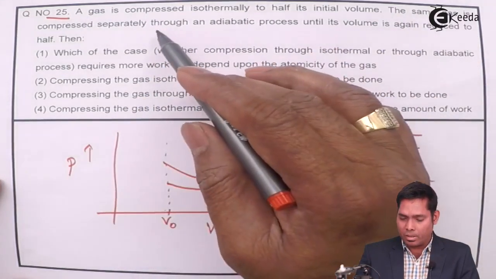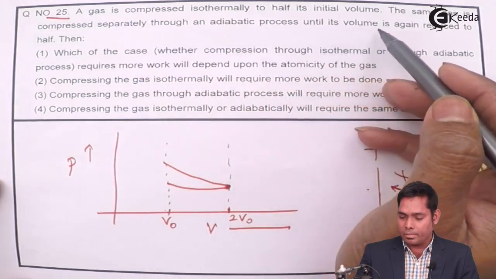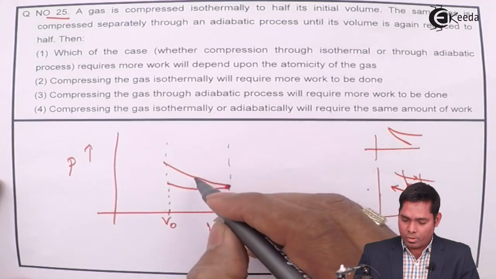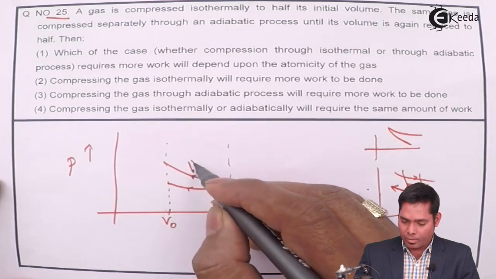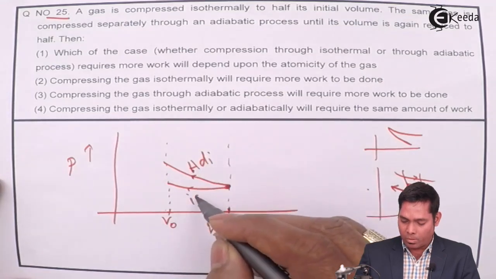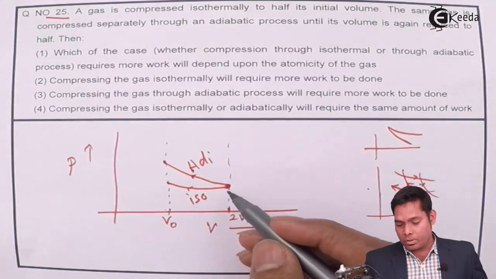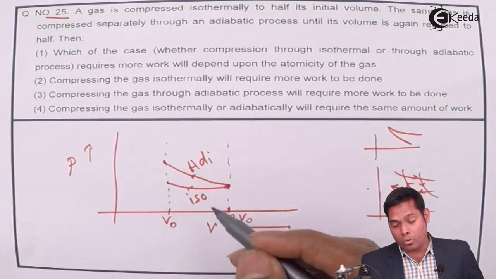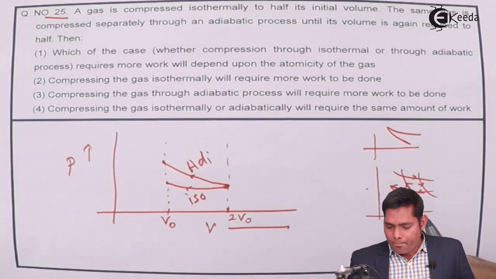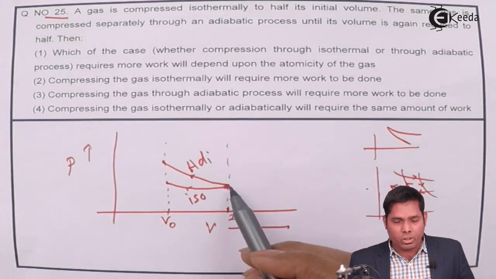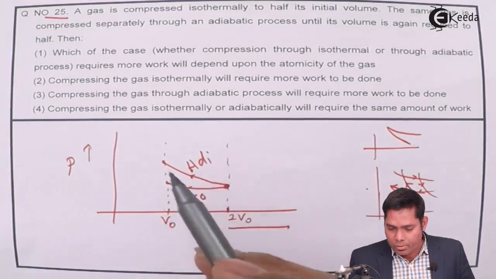The same gas is compressed separately through an adiabatic process until its volume is again reduced to half. This one is your adiabatic, and this is isothermal. They start from the same situation and reduce to half the volume, isothermally and adiabatically separately, so from 2V0 to V0 both ways.